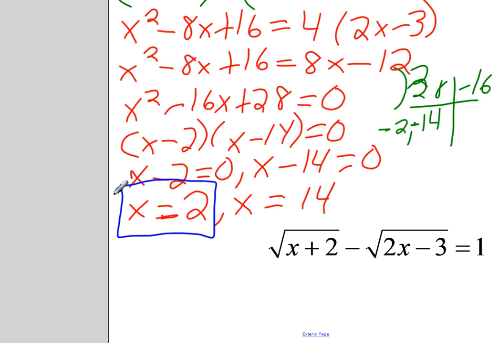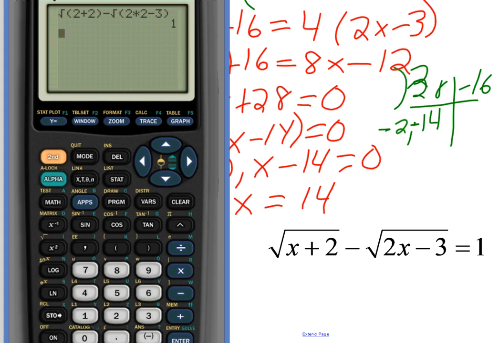Now we're going to check 14. Oops, hold on, I got to start over again. I got confused. Square root of 14 plus 2 minus the square root of 2 times 14 minus 3.